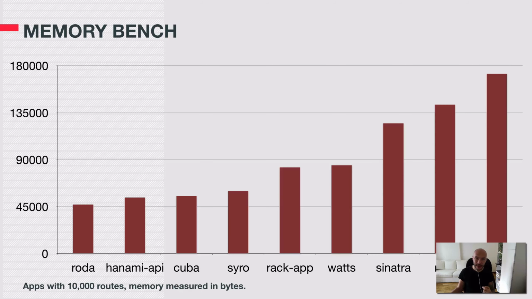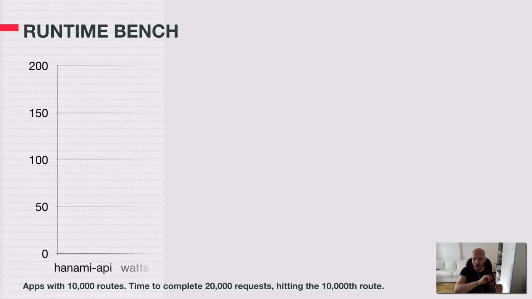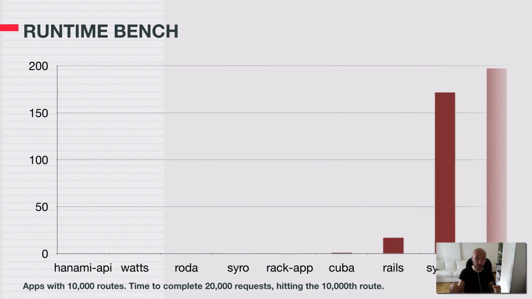The other benchmark is the runtime benchmark. What that means is that you have the same app with the 10,000 routes, and how much time does it take to complete the execution of 20,000 requests?